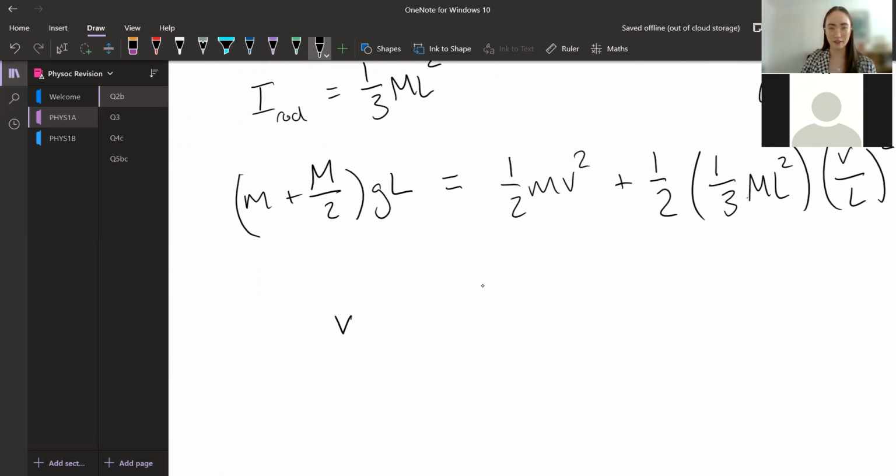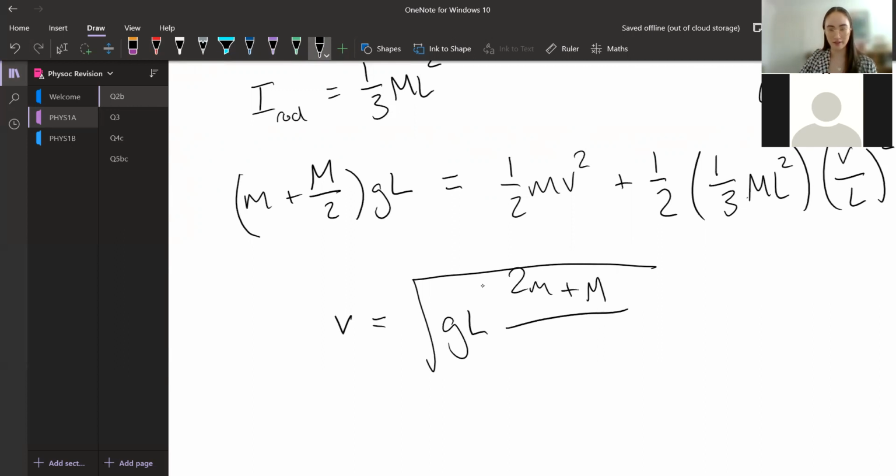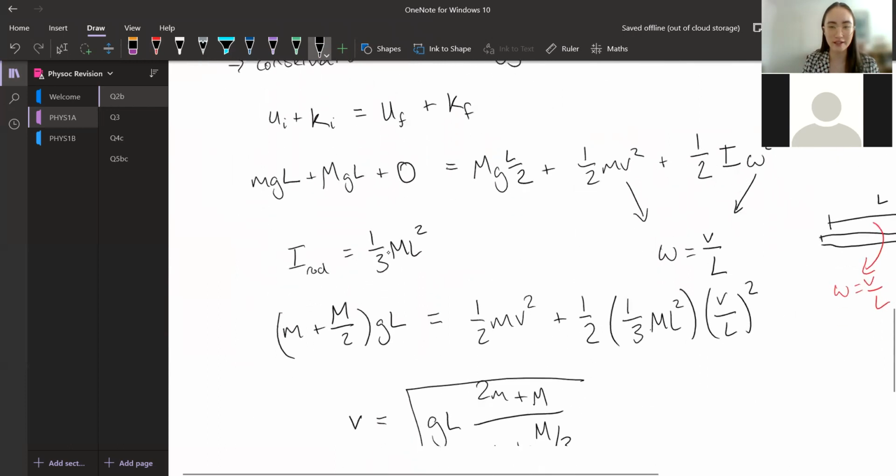And I won't go through that because it's going to be tedious, but V ends up equaling this big square root GL (2m plus M) over (m plus M on 3). Nice. So that's it. That's question 2B.